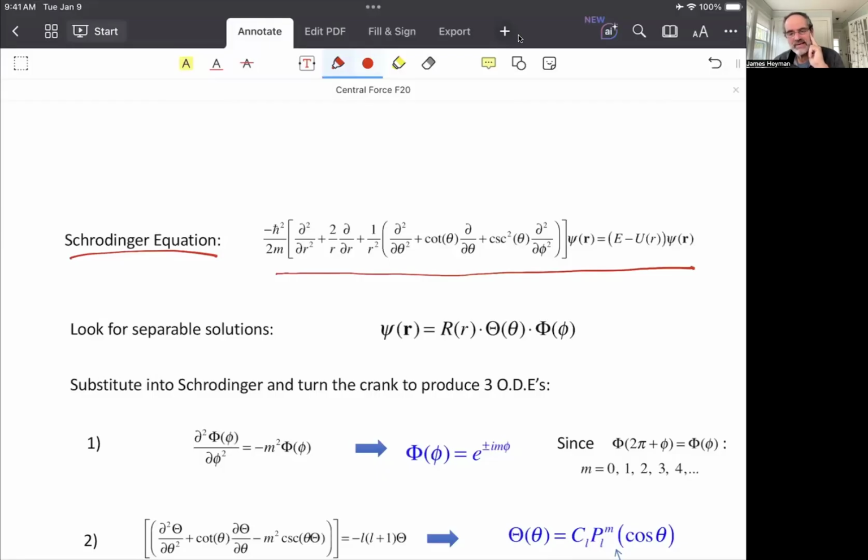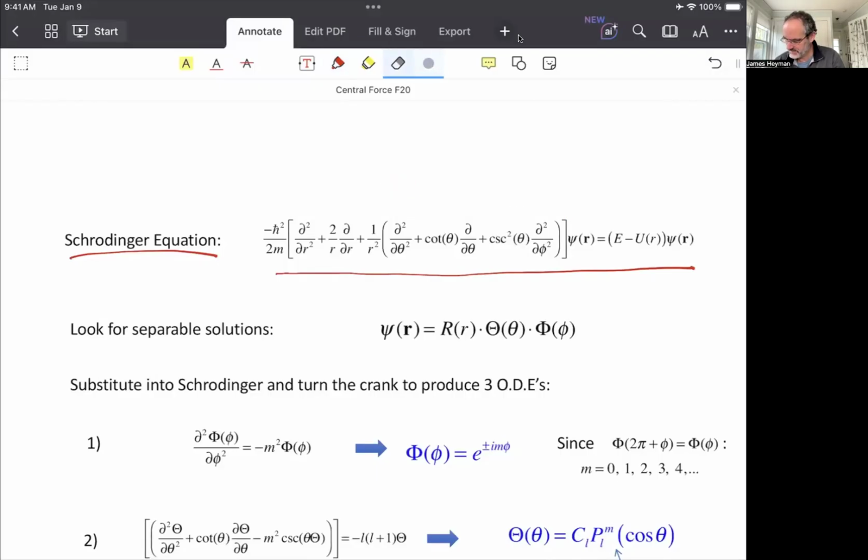And that's equal to E minus U of r times the wave function again. So this whole thing on the left-hand side is just del squared written in spherical polar. All right? Well, kind of a mess.